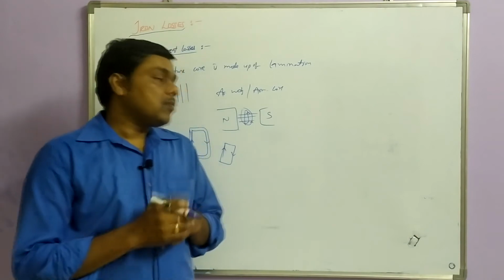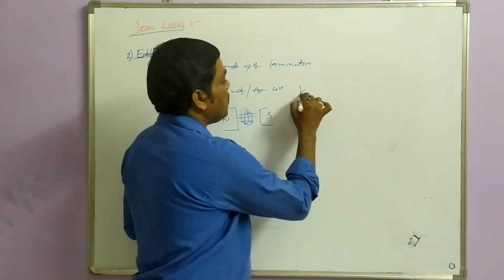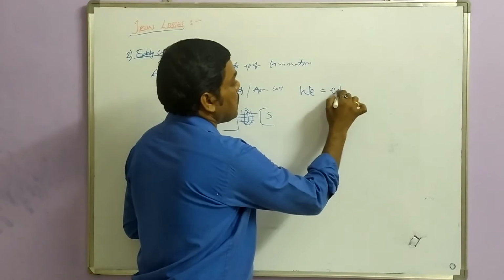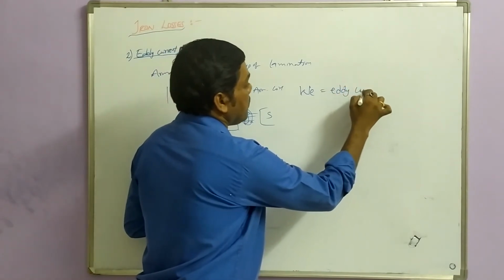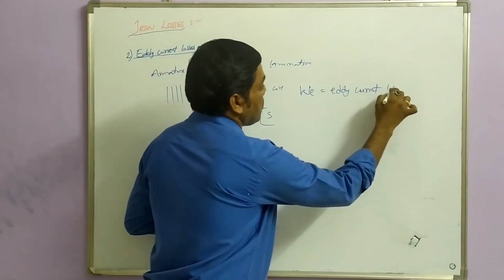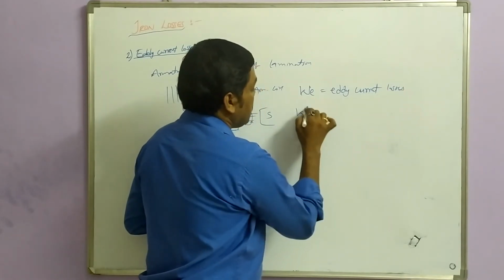Now we will have the formula for eddy current losses. WE is the eddy current loss.